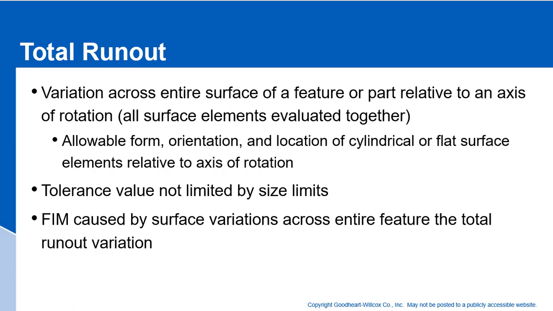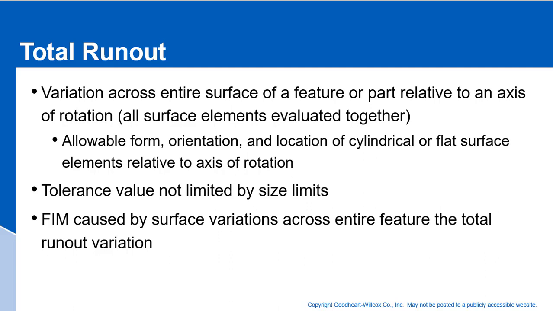So total runout is the variation across the entire surface of a feature or part relative to an axis of rotation. In contrast to circular runout, with total runout, all surface elements are evaluated together. So the allowable form, orientation, and location of cylindrical or flat surface elements are relative to this axis of rotation.